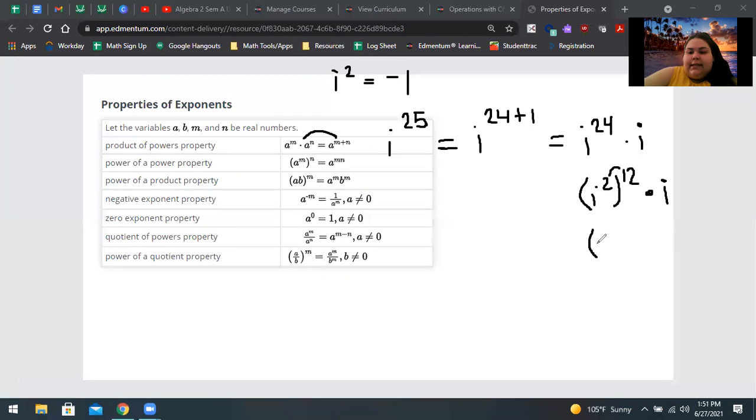So I'm going to rewrite this as -1 to the 12th power. So I only replaced i squared. We multiply this by i. So -1 to the 12th power, or -1 times -1 times -1, I say that out 12 times. We know that because it's raised to an even power, it's going to be a +1 times this i, and 1 times i is just i. So i to the 25th power is equal to just i.